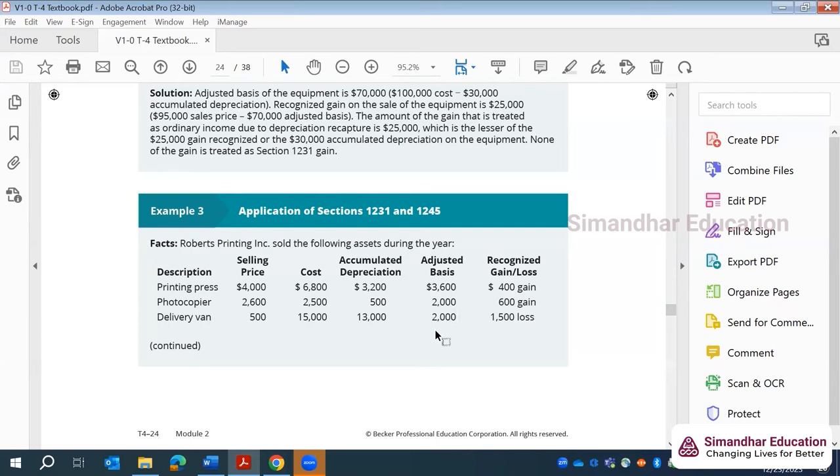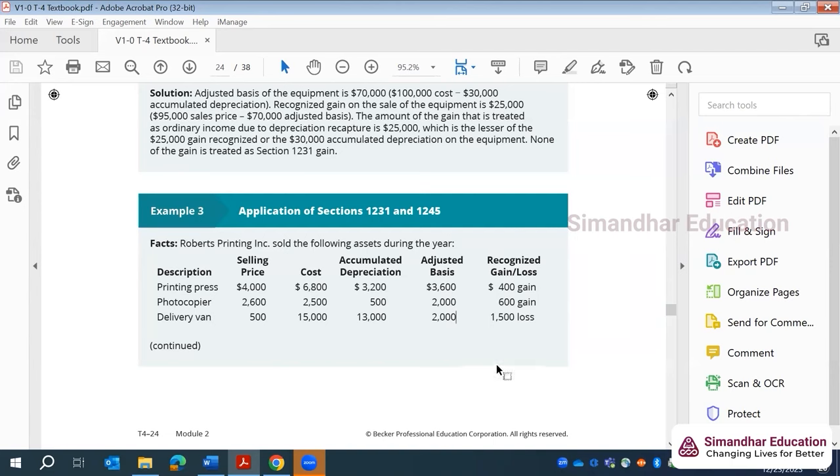Because it's a loss. Now this loss that you have for $1,500, is it a section 1231 loss? It is a section 1231 loss, assuming that all these assets are used in trade or business and they are held for more than a year.